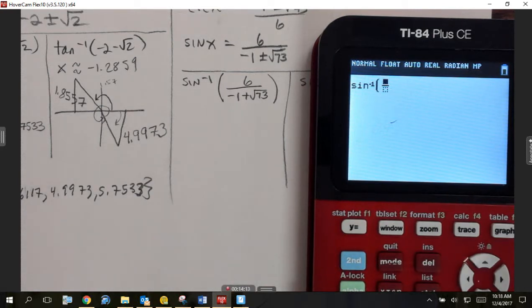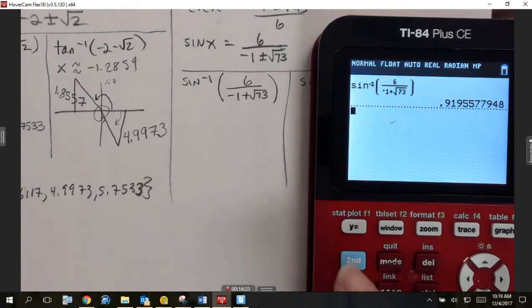So it's giving me an error. What did you type in? If you don't have the newer, I'll come look. If you don't have the newer calculators, you use an extra set of parentheses, which I'm doing up here.